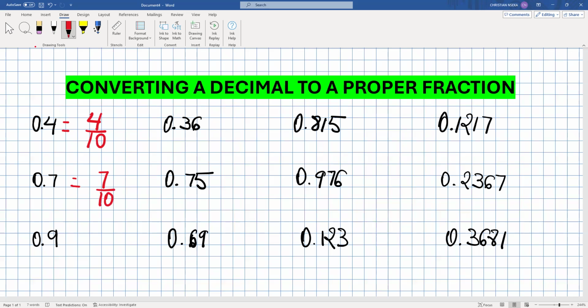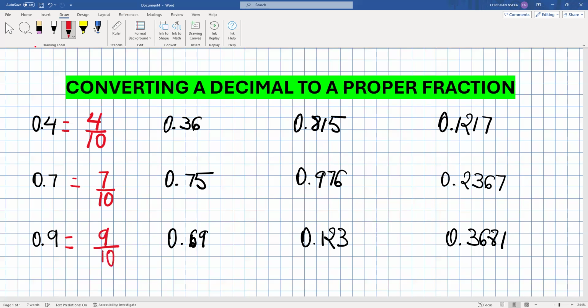You look at it, you got 0.9. How many decimal places do you have after the decimal point? I have only one, so you will write 9 on the top. Put your bar. Since you have only one decimal place, you put 10 right there.